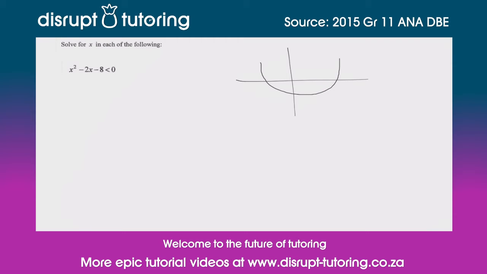Okay, so our job is to find where this parabola sits below the x-axis, because it's saying to us that the y is less than 0, because remember this is a placeholder for the y, so that means this needs to sit below the x-axis.